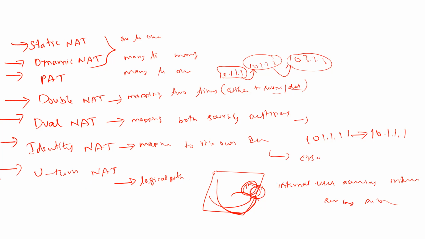And some more things we have, that is source NAT and destination NAT. Source NAT is nothing but mapping of the source IP address. Destination NAT is nothing but mapping of the destination IP.